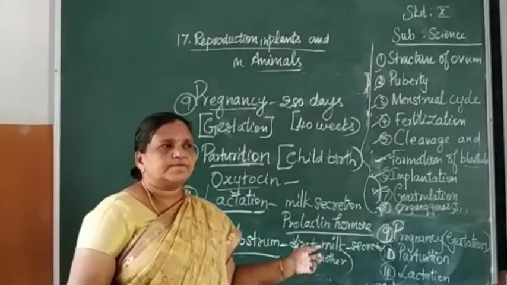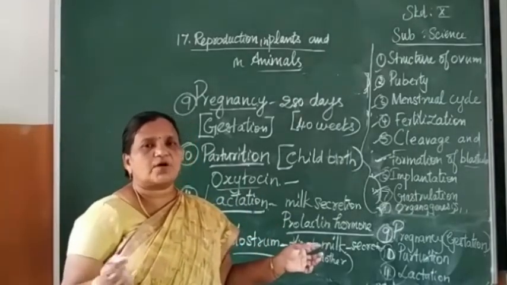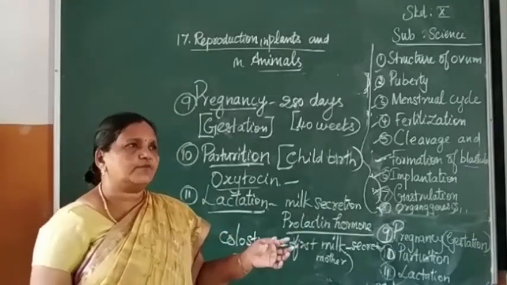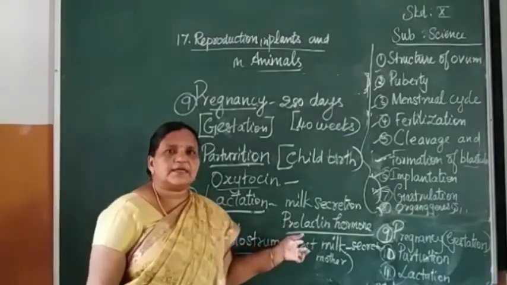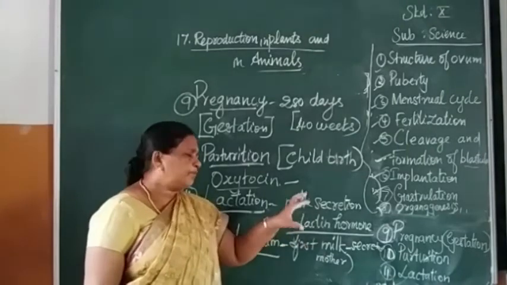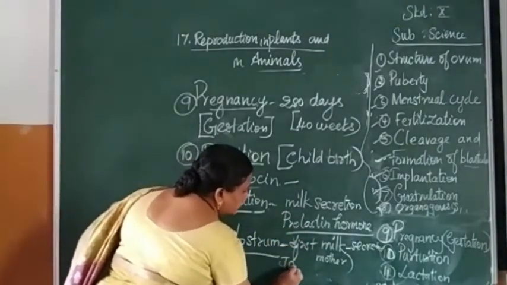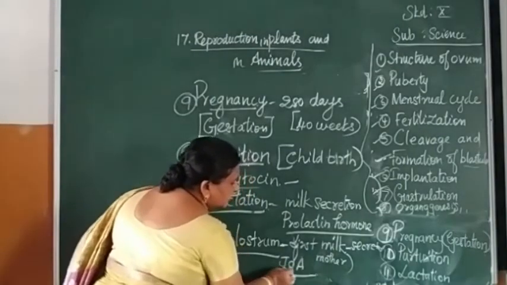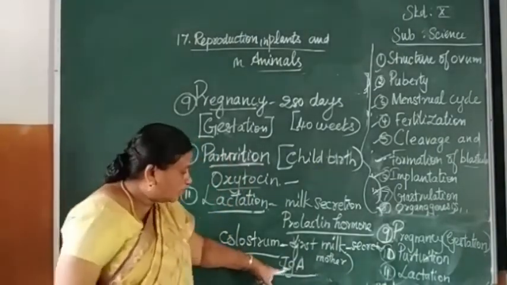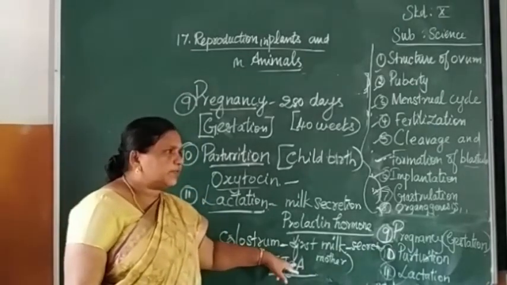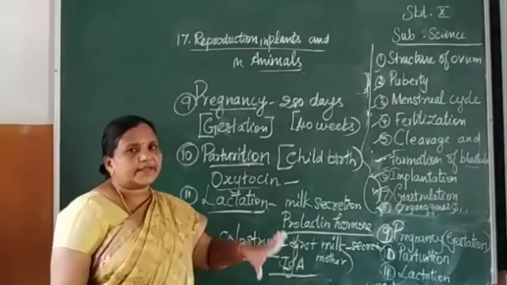When germs or bacteria invade the alimentary canal of the baby, they will be destroyed by the IgA present in the colostrum, which is responsible for the prevention of infection.